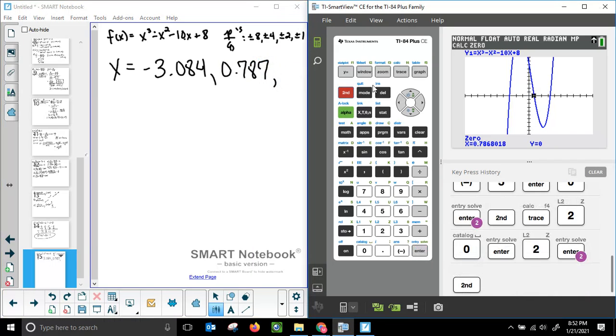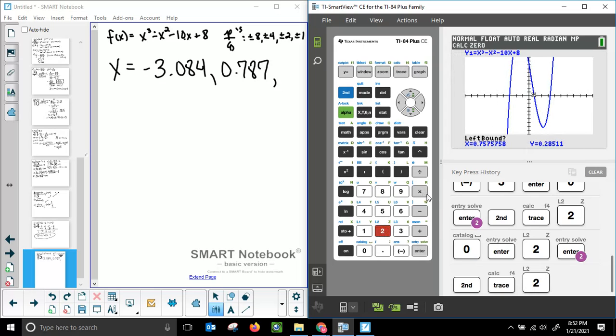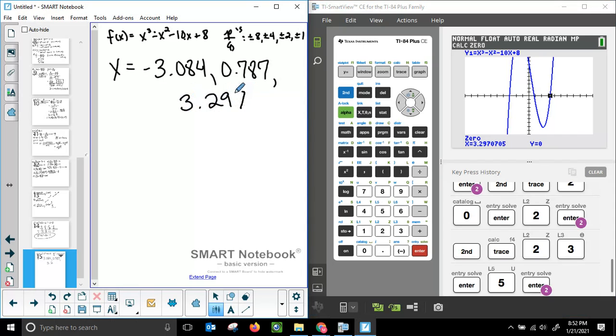And we do this again, and 3.297. So they're all irrational, so we would definitely have to use our calculator for that one.